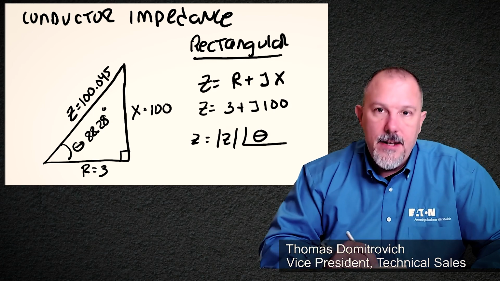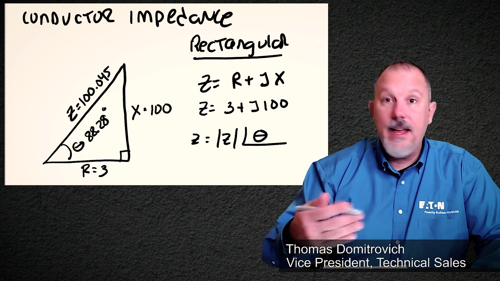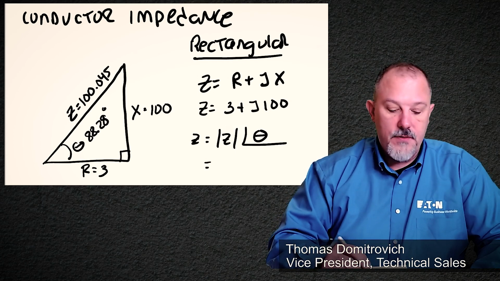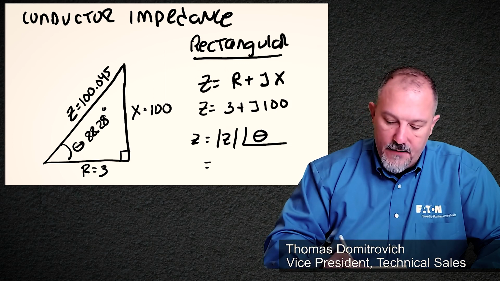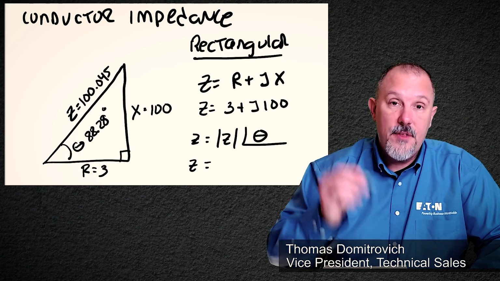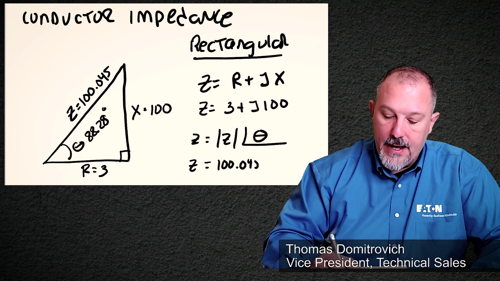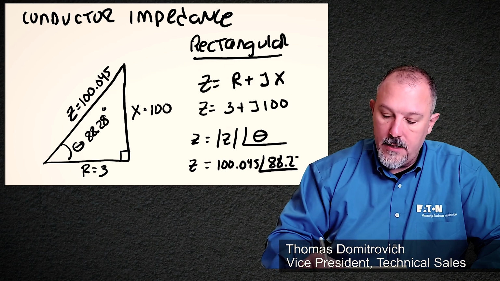What's my angle theta? 88.28. How did I find that? Inverse tangent of x over r. And what's my magnitude of z? 100.045. So I can represent this triangle as 100.045 at an angle of 88.28 degrees.